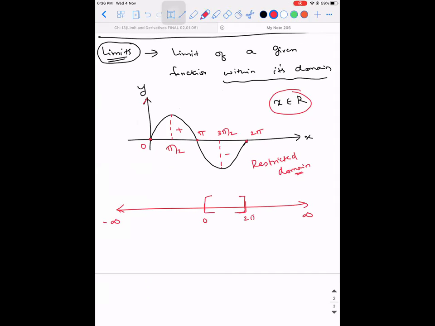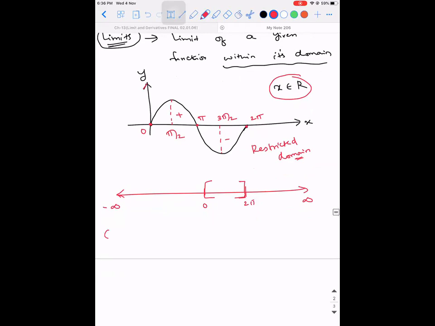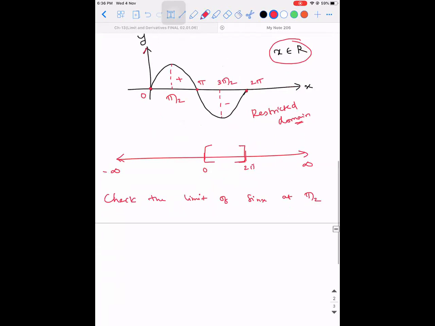In that restricted domain, listen to me carefully, if I raise a question saying check the limit of sin x at pi by 2, the meaning of this is, first, sin x is a function.